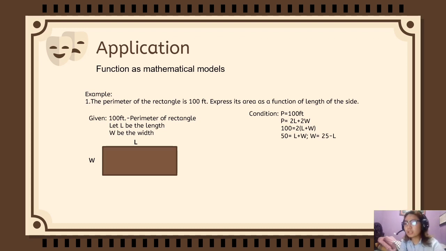Condition: perimeter is equal to 100 feet. Perimeter is equal to 2L plus 2 width, because there are two of each side. So 100 is equal to 2.